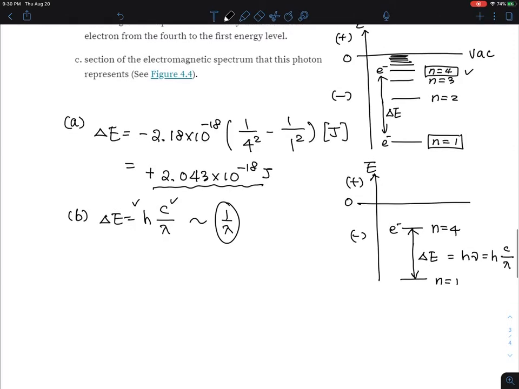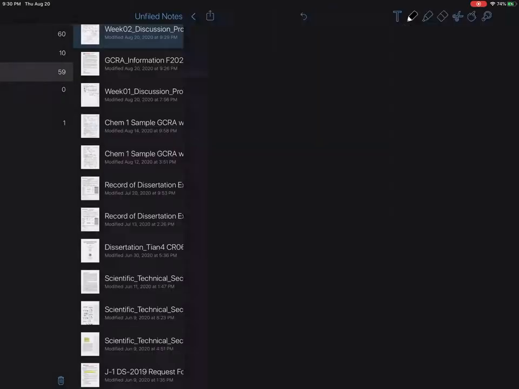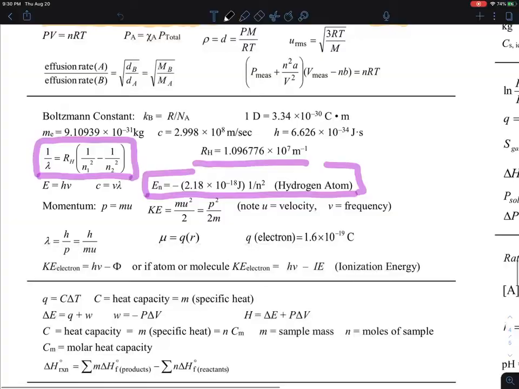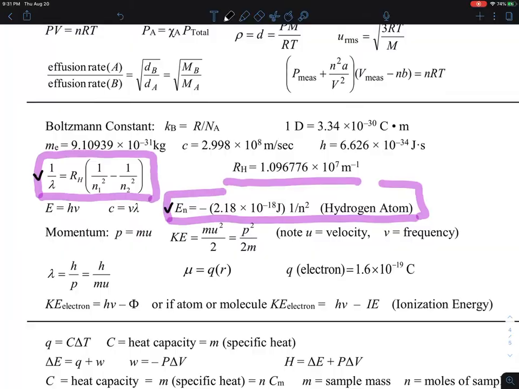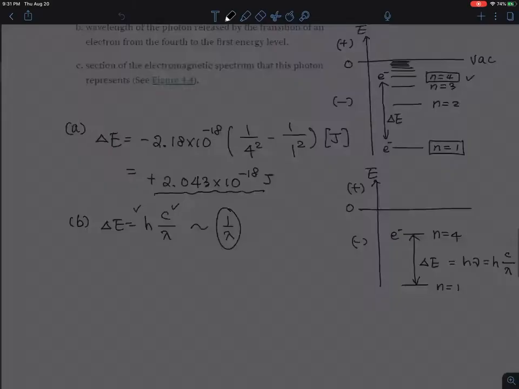If you remember, let's go back one more time. If you look at this equation shown up here, this 1 over lambda is nothing but a new form of the energy difference, and this is what is shown with the Rydberg constant. So you have two options to solve this problem.